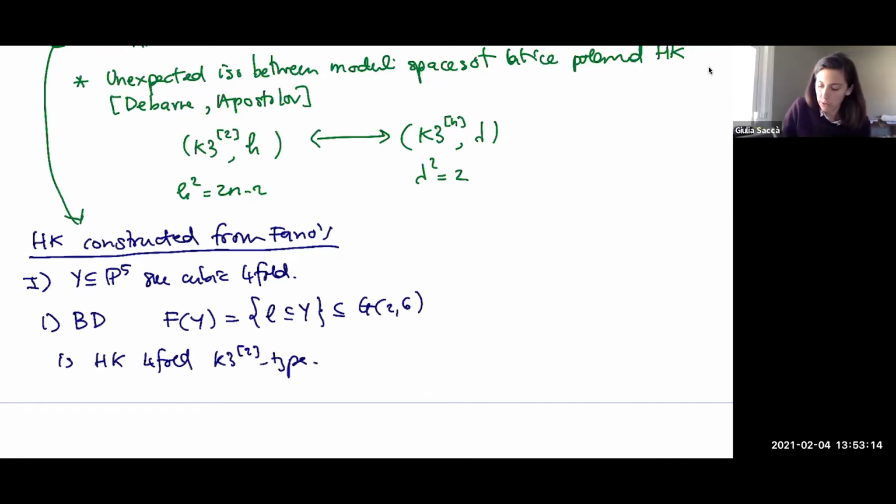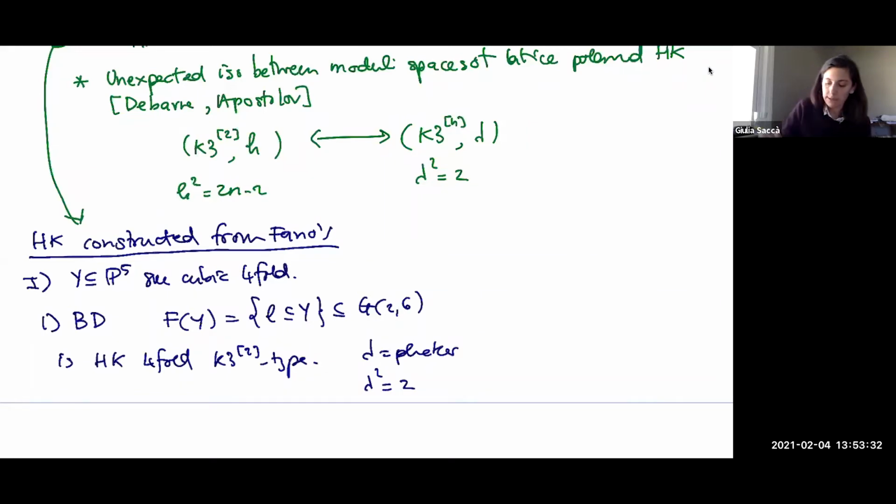Also the Plücker line bundle is a natural ample line bundle on this. Generically, it's the generator of the Picard group, and it has square 2.